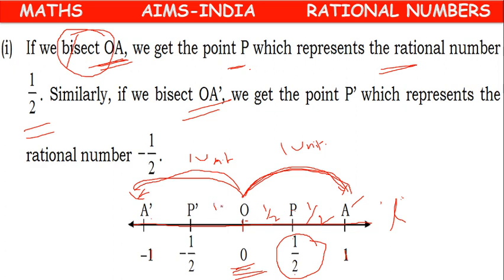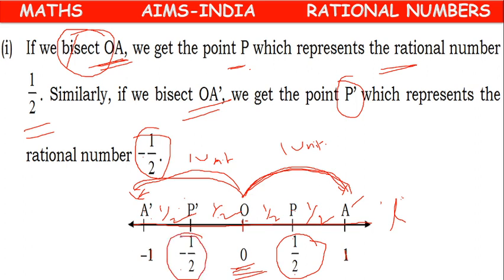If you bisect, this part will become half and this part will become half. OP dash will become half, and P dash A dash will become half. So we will get a point P dash which represents the rational number minus 1 by 2. Why? Because it is on the left hand side of 0, so we represent it as minus 1 by 2.